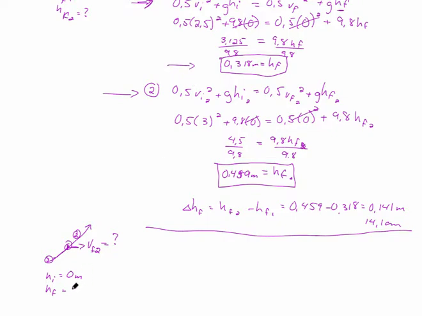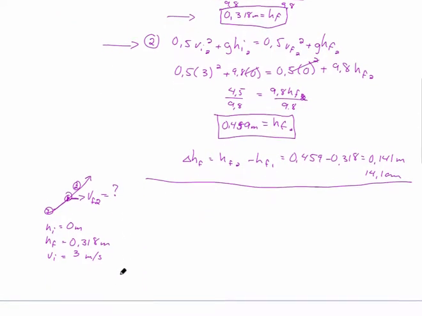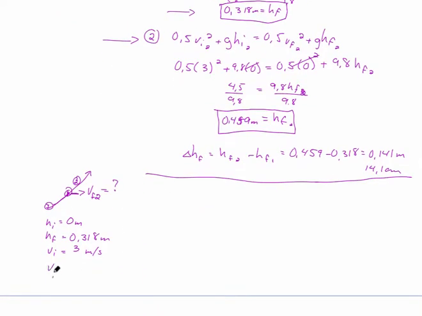We're going to stick to meters because my velocity is in meters per second, so it's important to keep it in meters. So what I'm looking for is the velocity of my second ball at this height, while knowing that the initial velocity at the base is 3 meters per second. Okay, so I'm looking for final velocity. So V final.